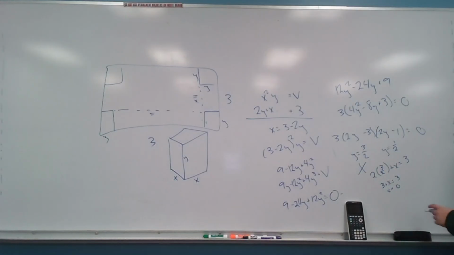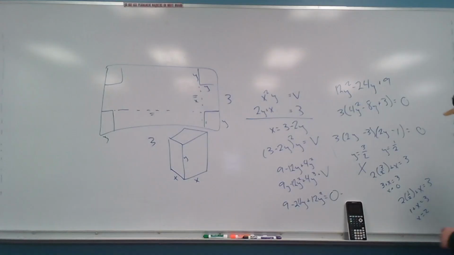And we can do the other one: 2 times 1 over 2 plus x equals 3, and that would be 1 plus x equals 3, which will get us x equals 2.